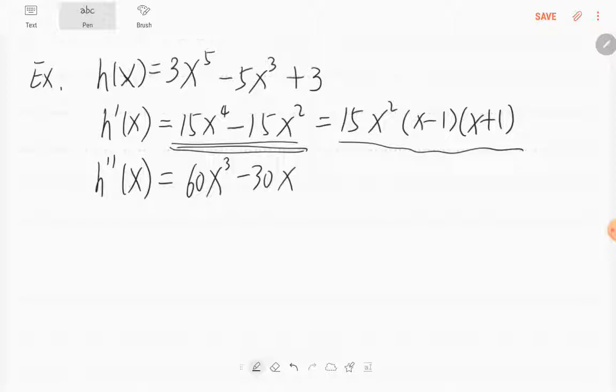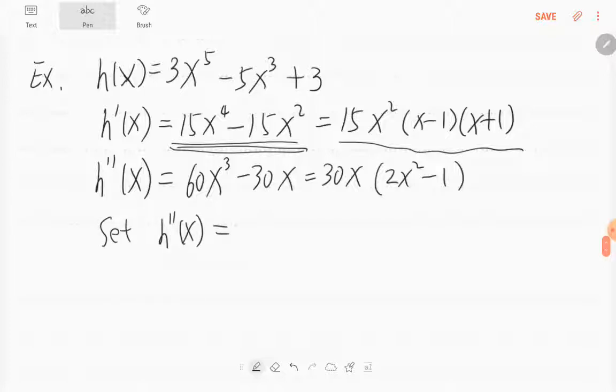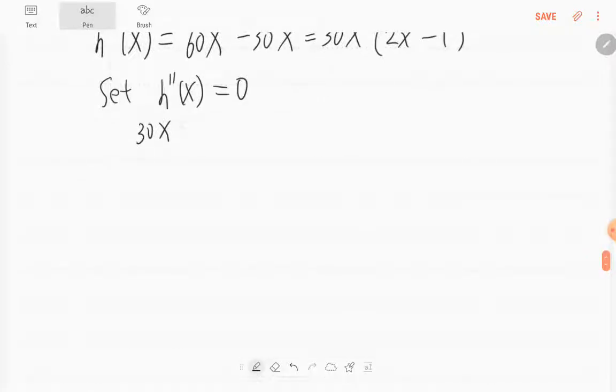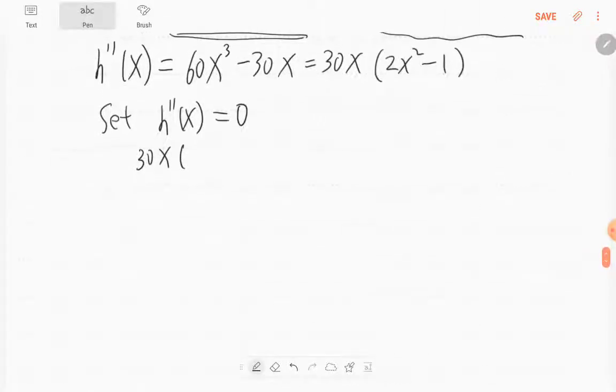So you will have 30x times (2x squared minus 1). This one exists everywhere, so we need to find the inflection point. We need to set the second derivative equal to 0. So 30x times (2x squared minus 1) equals 0.